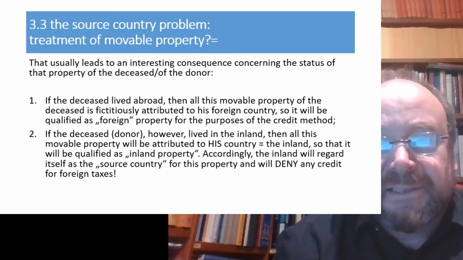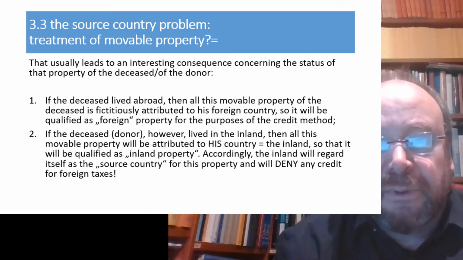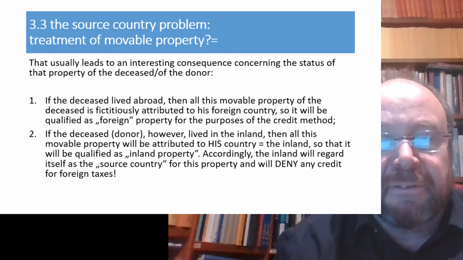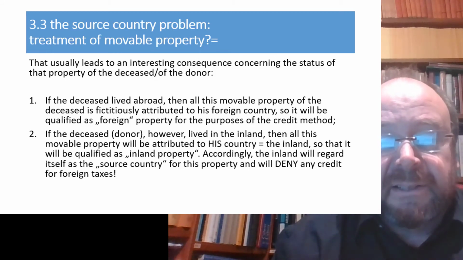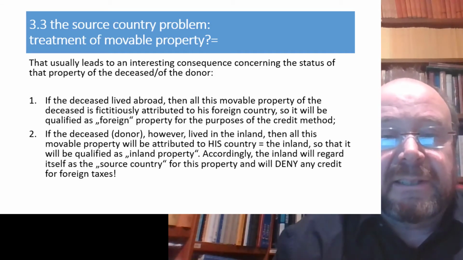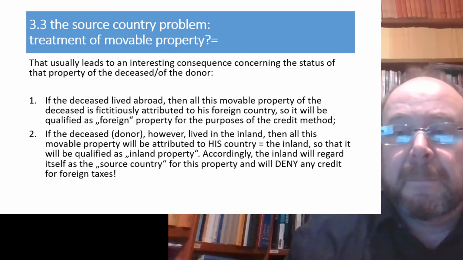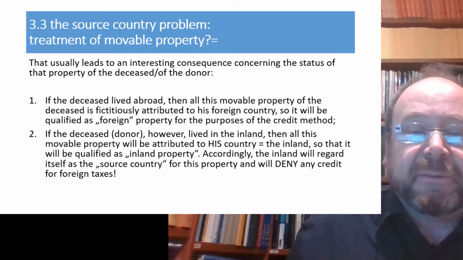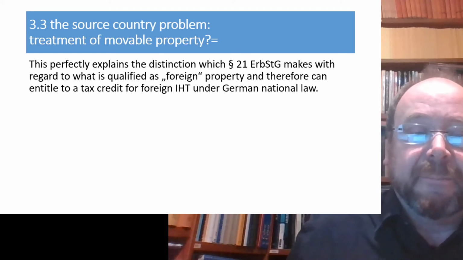That explains why, depending on where the dying person or the donor of a gift lived, you will get a tax credit for the movable property or you will not. So the basic thought behind that is clear.